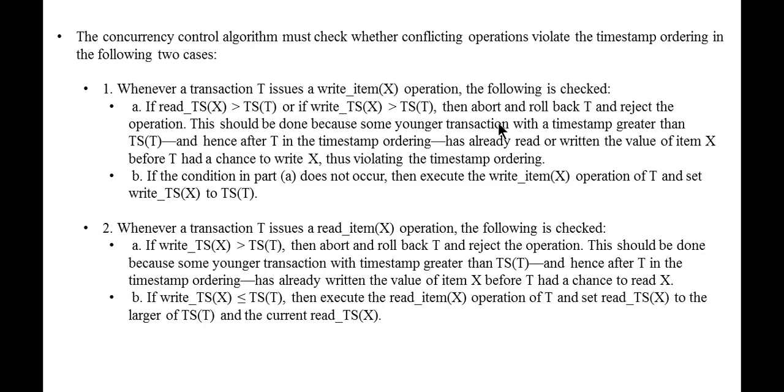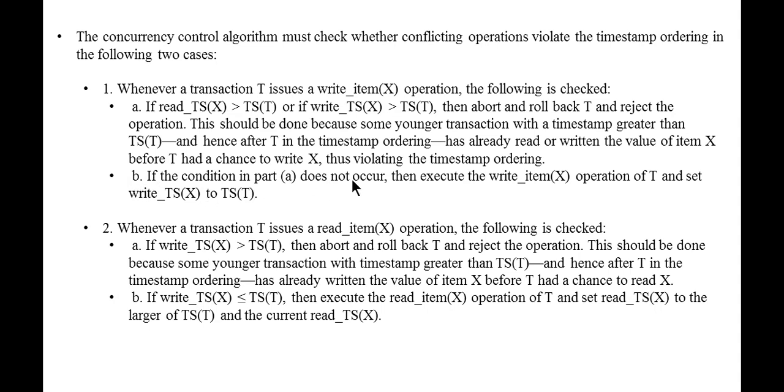Hence, T must be aborted and rolled back, or it can be restarted later with a new timestamp value. Right. If both the conditions are false, then section B is executed.